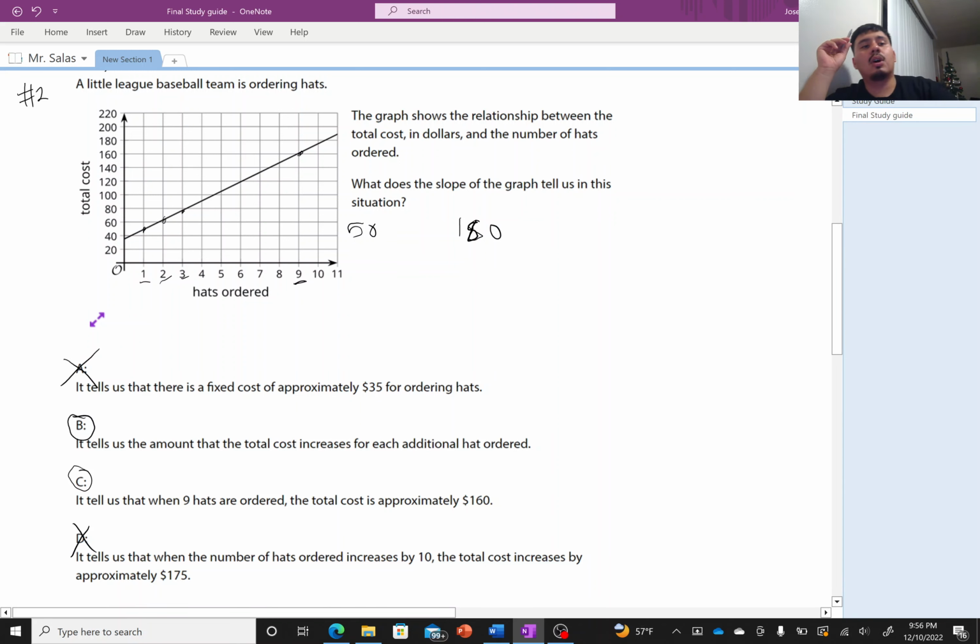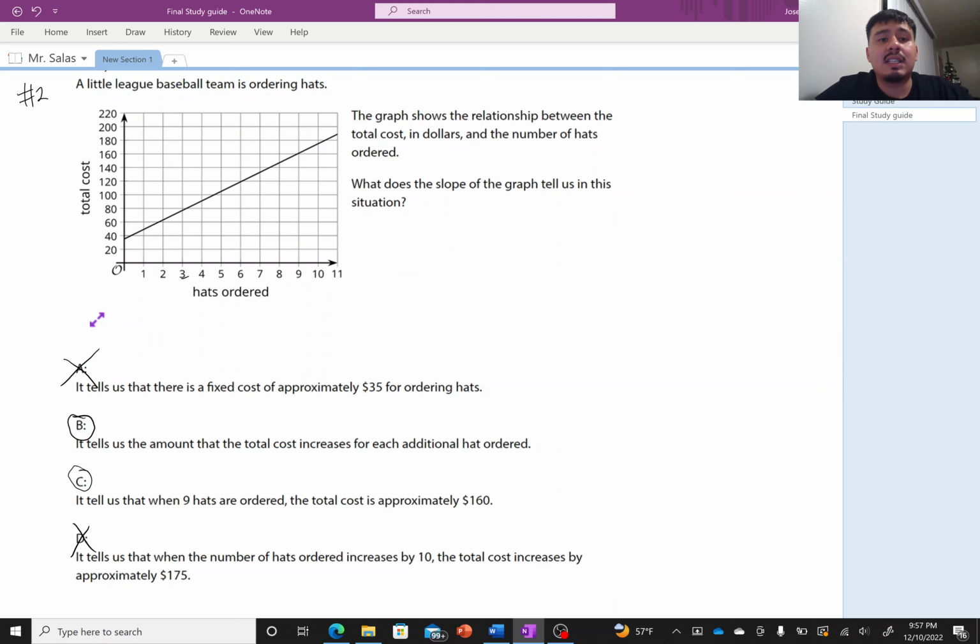So the only 2 true statements are B and C. So B and C are gonna be your correct answers. Now, there might be a few of you saying, but mister, it's asking what the slope of the graph tells us. Well, if we were only allowed to pick one answer, then B would be the best answer.